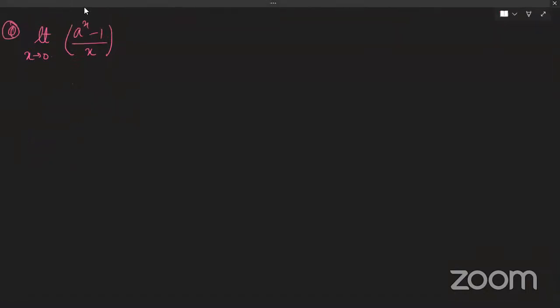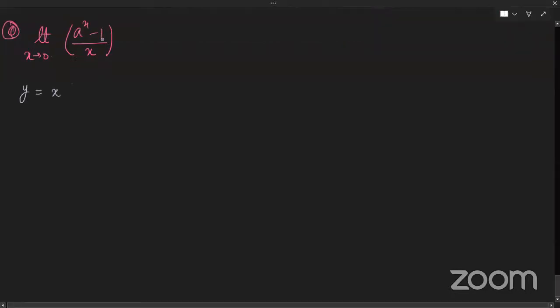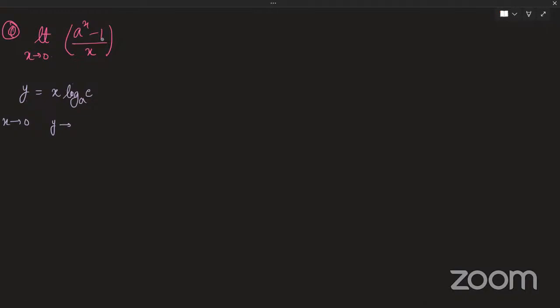So I will take a variable y whose value is x into log base a of e. Fine. So if my x is tending to 0, where is my y tending to? 0. Obviously, this is a constant value, so nothing to worry about.